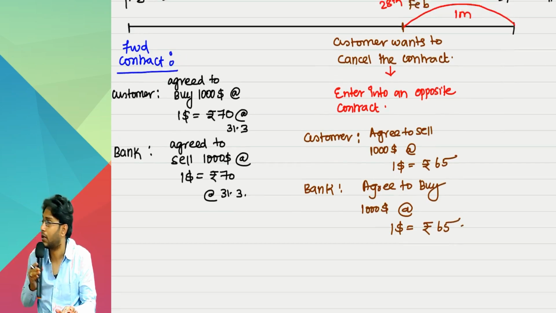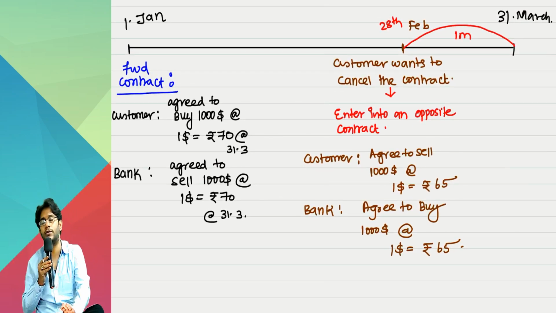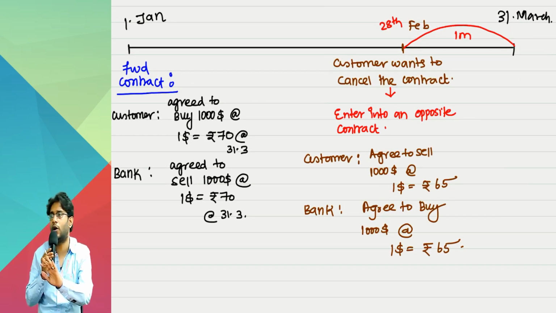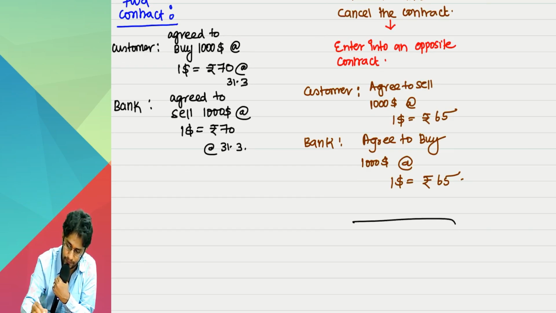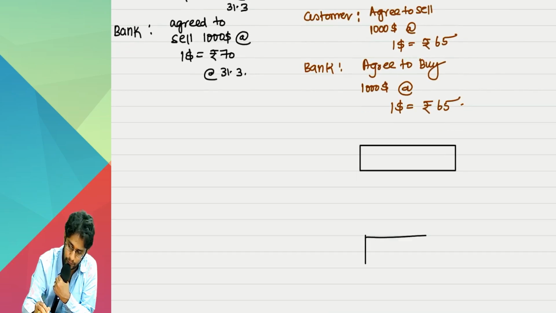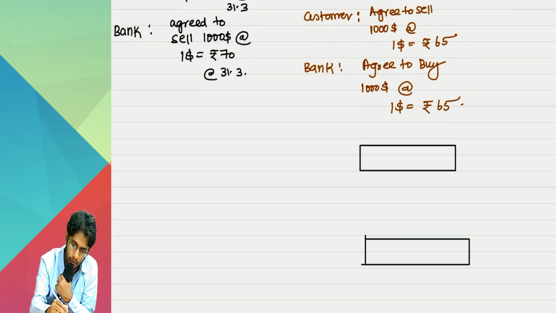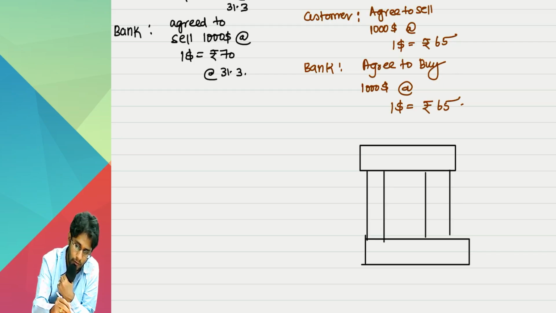The moment the customer and bank enter into an opposite contract, it is as good as the original contract is cancelled. Because if you see like this, this is the customer, this is the bank.